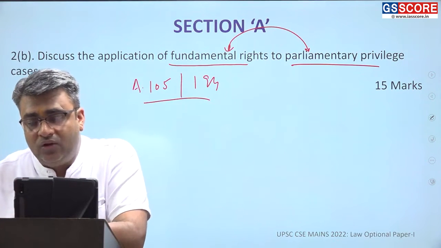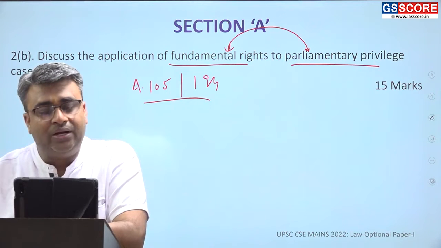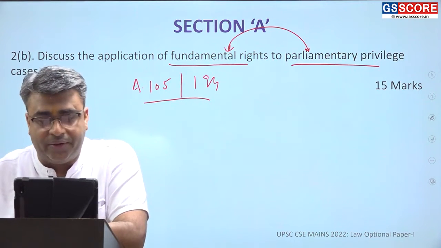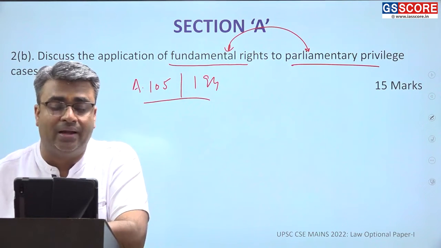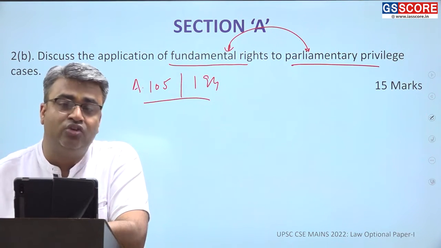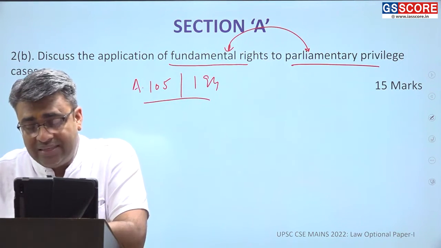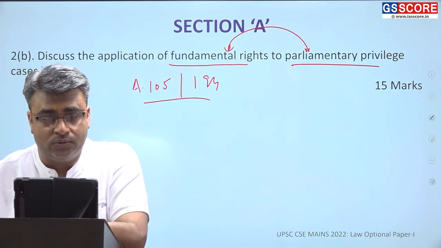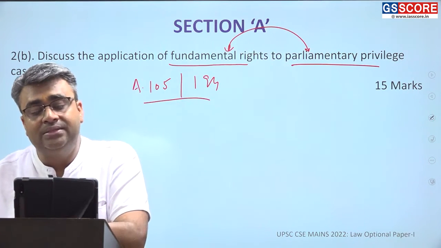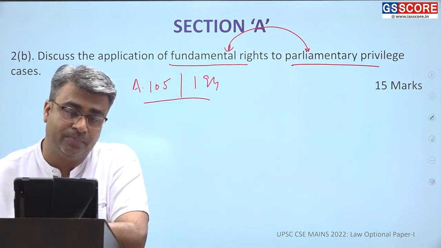Okay. So Article 105 simply says, subject to the provisions of the Constitution of India and the rules and standing orders regarding the procedure of the Parliament, there shall be freedom of speech in the Parliament. This article gives absolute immunity from the courts for anything said during the course of the proceedings of the House or its committees.